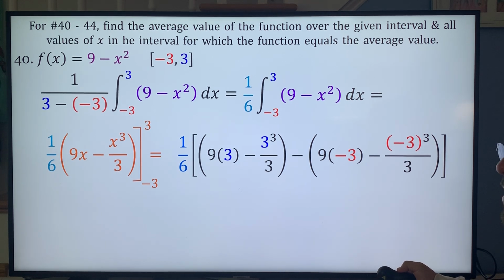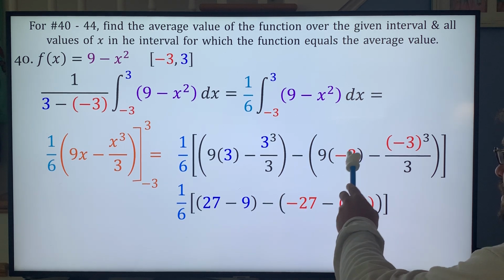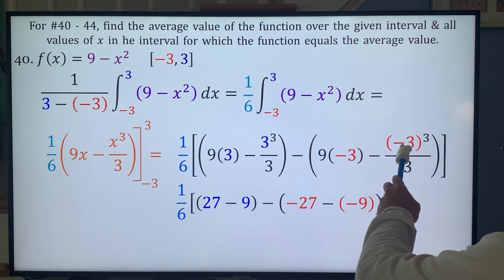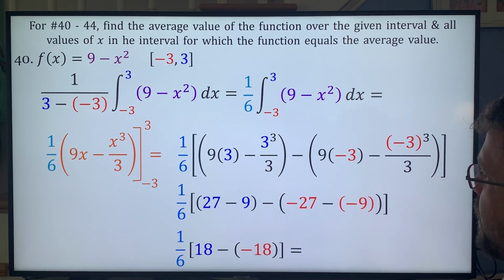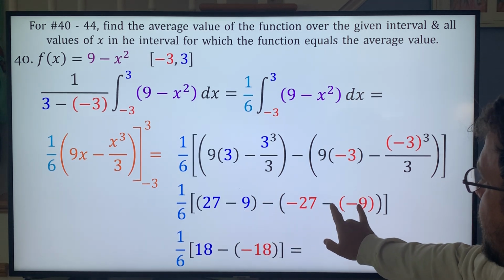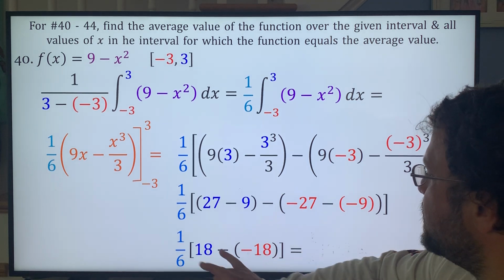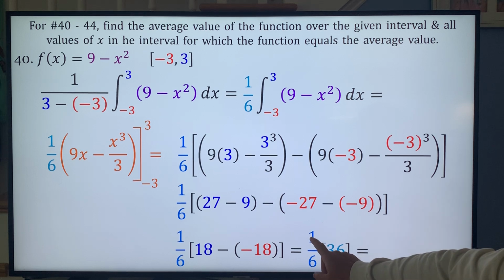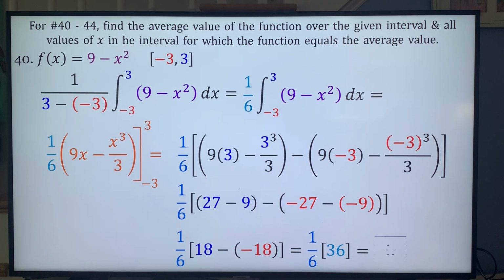Now you're with your algebra again. 27 minus 9, minus negative 27 plus 9, which is negative 18. 18 plus 18 is 36. Don't forget you have your 1/6 out front still. 36 over 6 is 6. That was pretty easy, wasn't it?